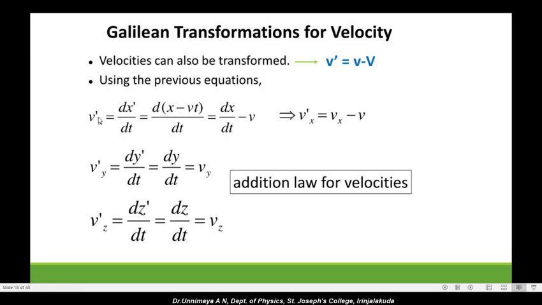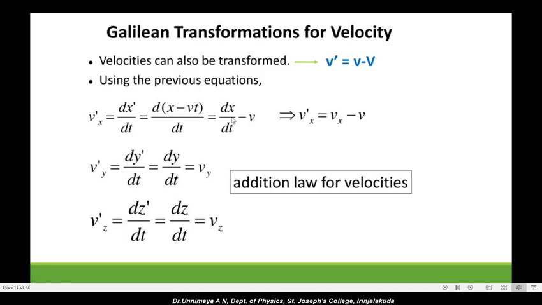Since it is the x coordinate, we represent the velocity as vx prime. So vx prime is equal to dx prime by dt, where x prime is x minus vt, so it can be represented as d by dt of x minus vt.